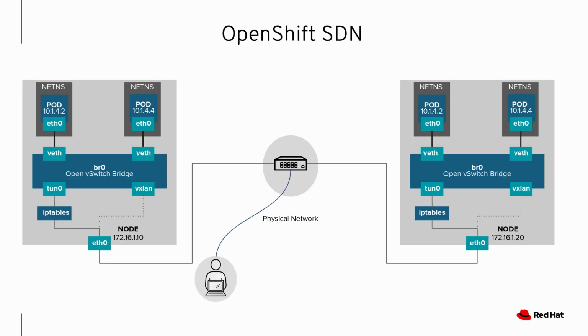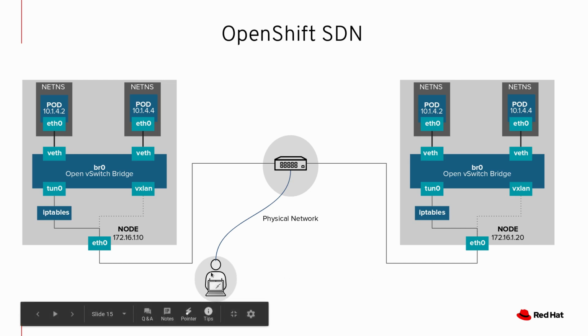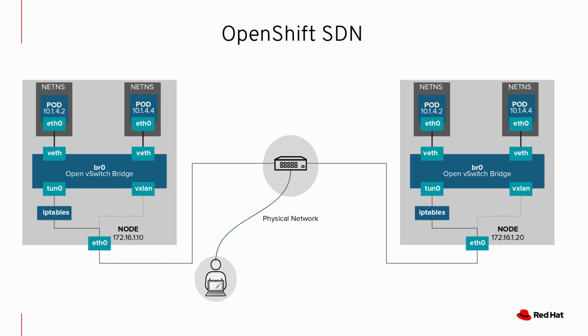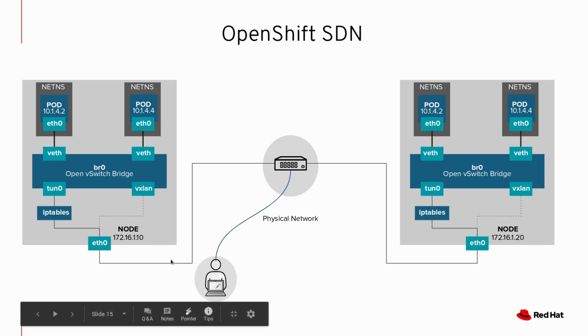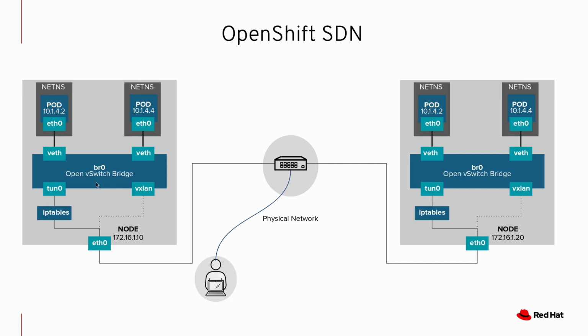So the OpenShift SDN and also the new OVN plugin is based on the Open vSwitch. So it implements the VXLAN technology. So in essence, how it works, in general, this will create an overlay network on top of the physical network that connects the cluster nodes. So on every node, there will be a virtual switch or bridge installed.